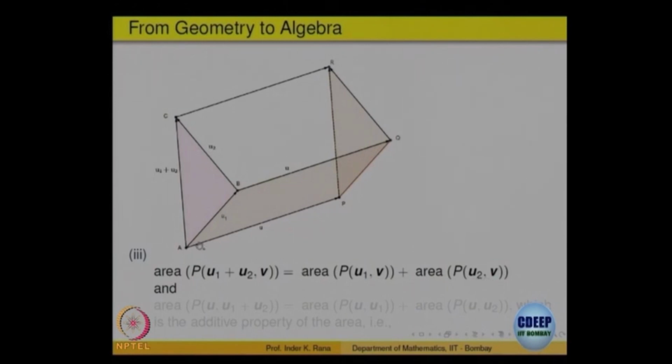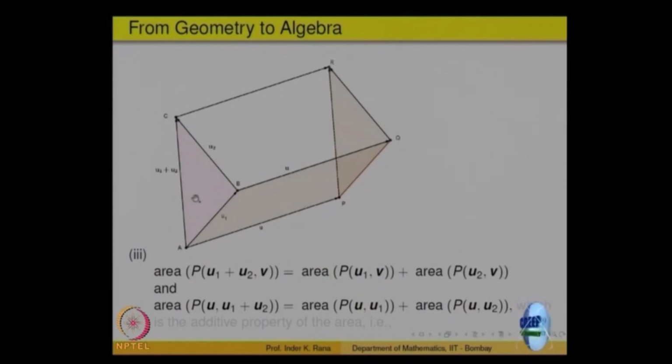That is quite easy to see. If AB is u1 and BC is u2, then the vector sum is AC, which is u1 plus u2, and the area of the parallelogram with v is the parallelogram A, P, R and C. So, that is the parallelogram.